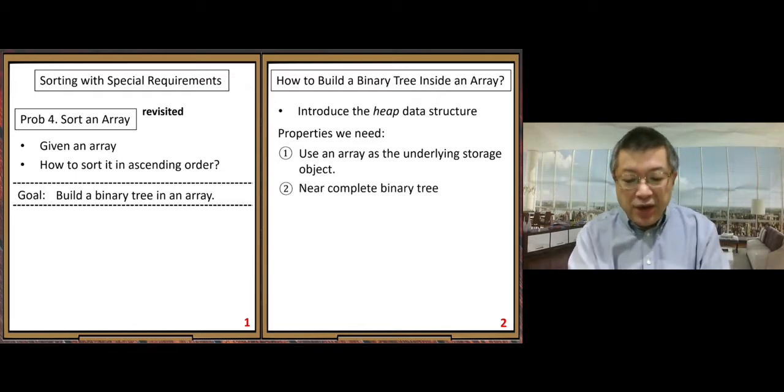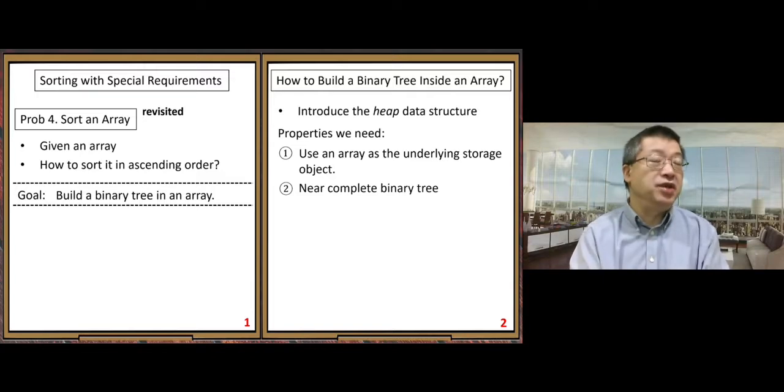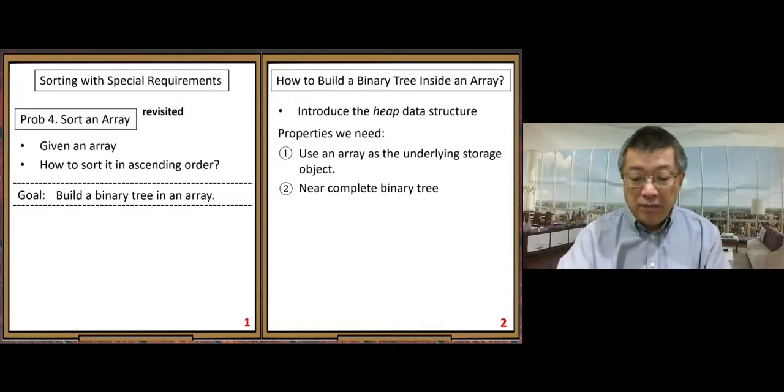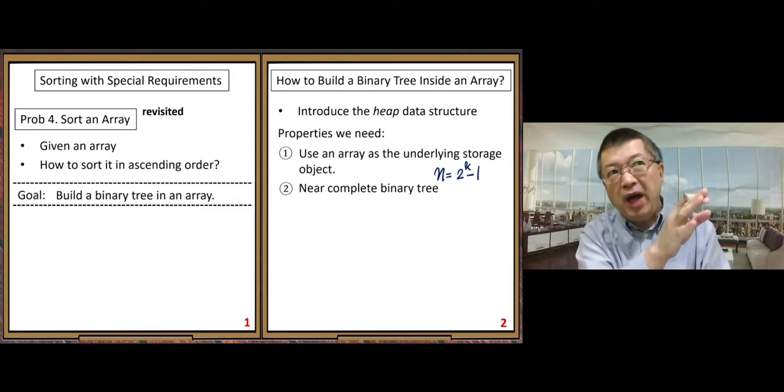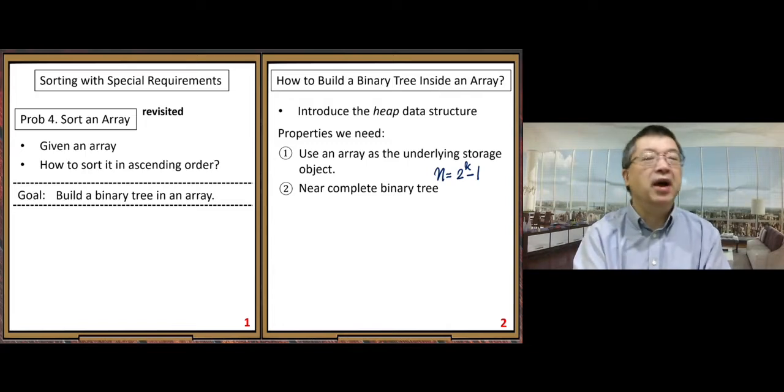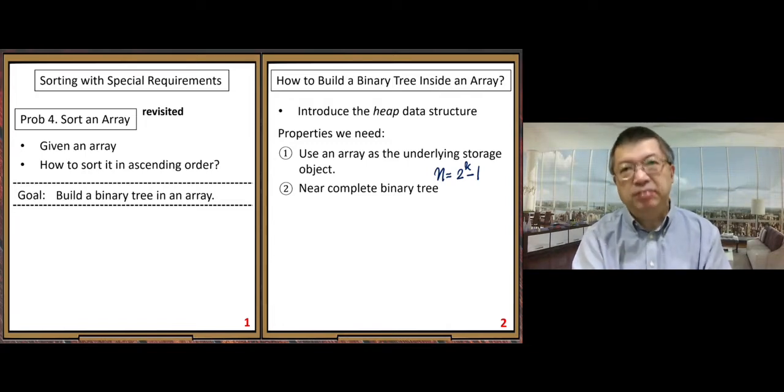Second, near complete binary tree. It's hard to require the whole binary tree to be complete. You cannot, because in that way you require the number of nodes must be 2 to the k minus 1. If your n equals that number, then you can get a complete binary tree.